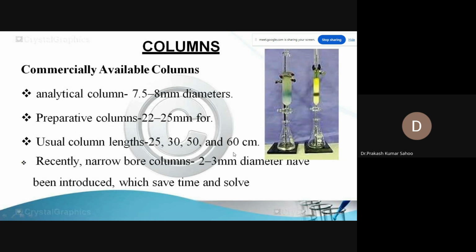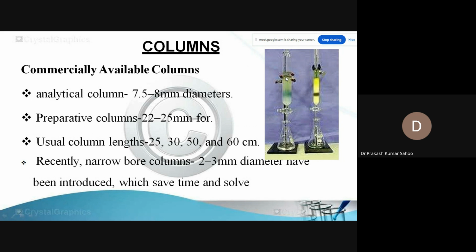And after the molecular sample preparation, we have the column preparation. In size exclusion chromatography, the commercially available analytical column is 7.8 to 8 mm in diameter, and the preparative column is 25 mm in diameter. The usual column length is 25, 30, 50 and 60 centimeters.